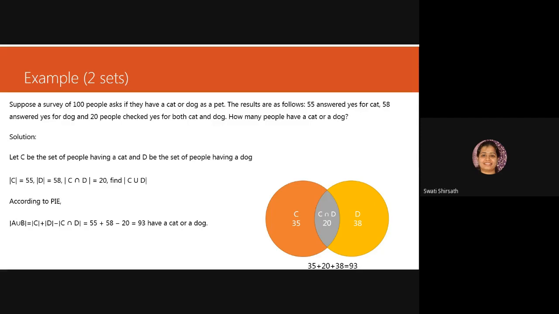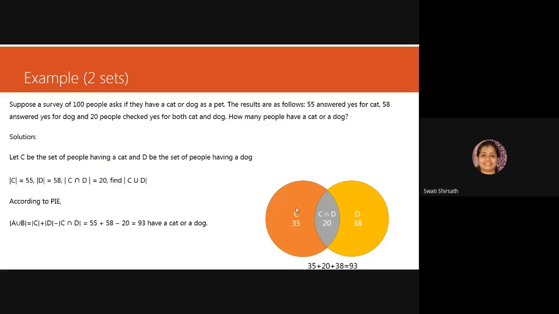Okay, so here C intersection D is 20. What was the cardinality of C? 55. Okay, 55 was there. So what we did, this whole thing, including this C intersection D, is 55.